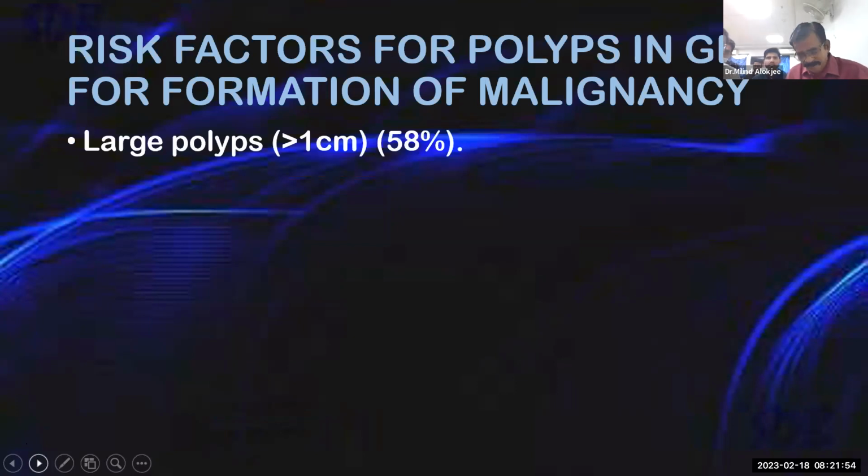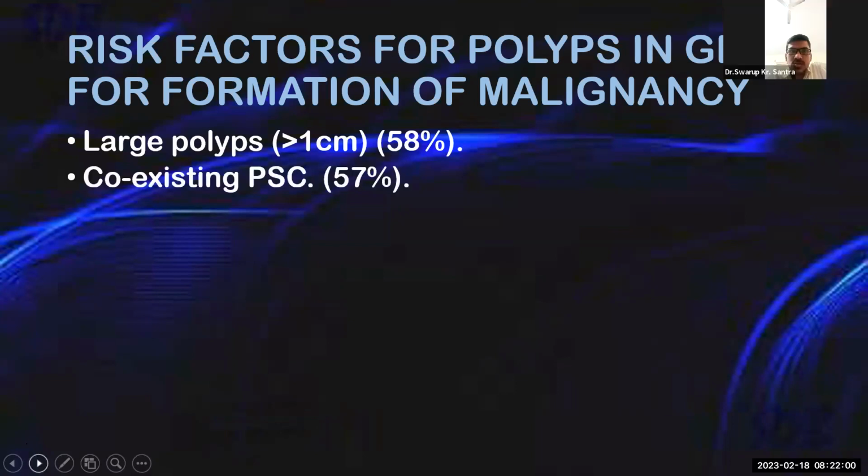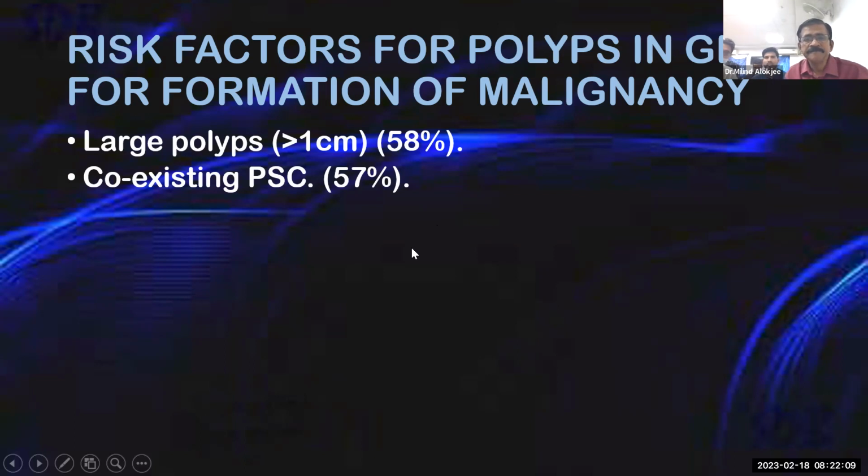So the clinical importance is with large polyps more than 1 centimeter, if you have multiple polyps, or coexisting PSC, primary sclerosing cholangitis. They have a very high incidence of gallbladder cancer. Forget cancer in the bile duct. If you have PSC coexisting, they have a high incidence, 57%, of malignancy in the gallbladder.